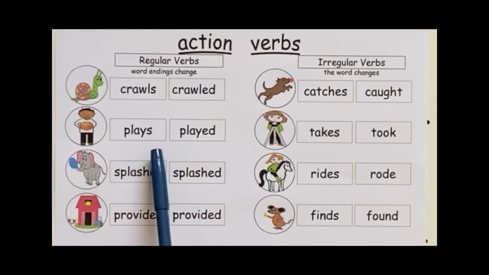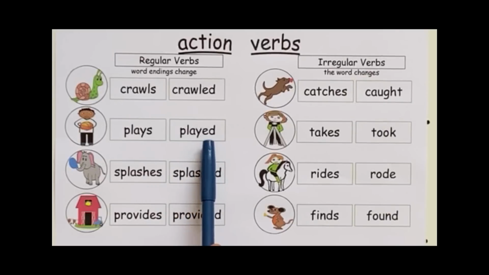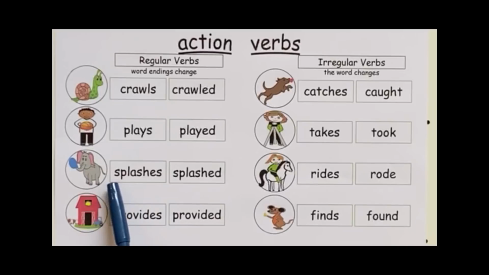Plays changed to played. We dropped the S and added ed. Splashes changed to splashed. So the ES changed to ED. And provides, we dropped the S and we put ED.